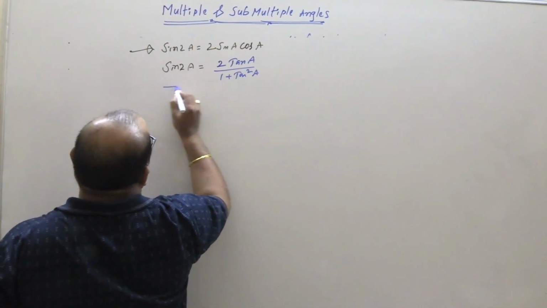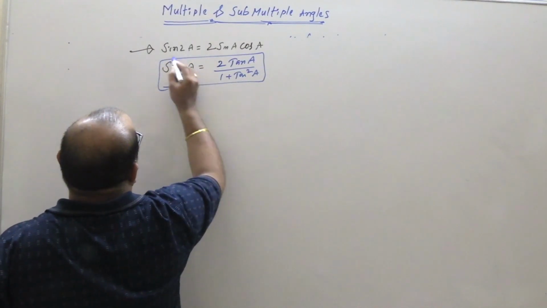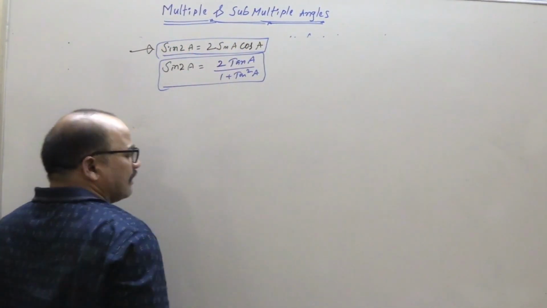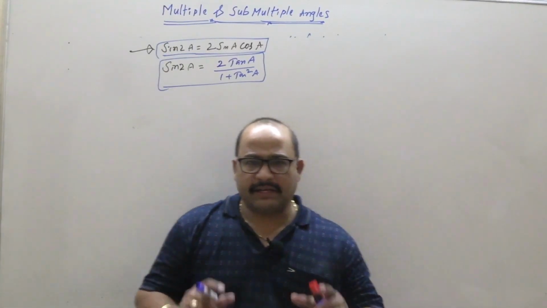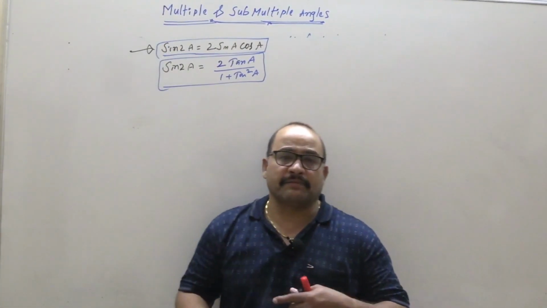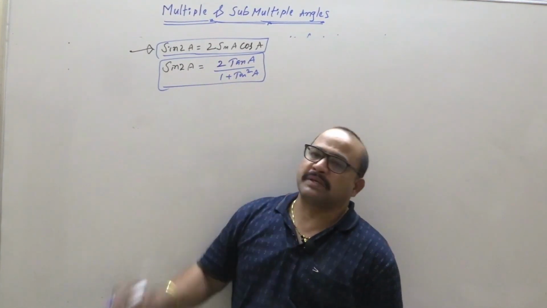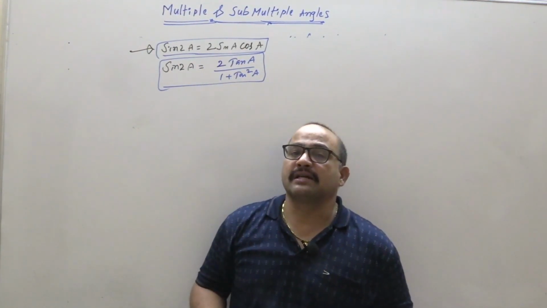How to prove this result? Whenever the teacher asks for it exclusively in terms of tan, then 2 tan a by 1 plus tan square a.